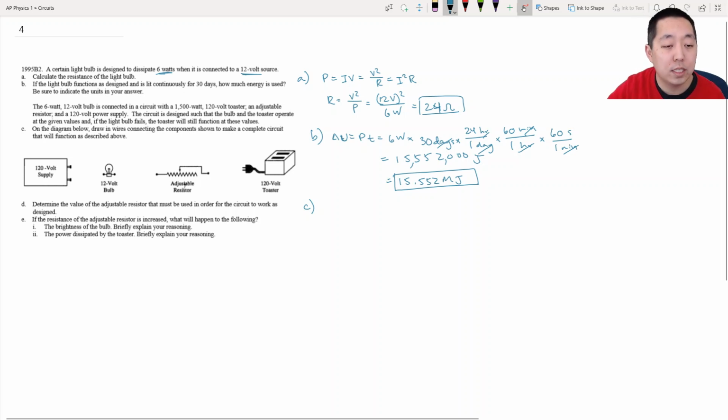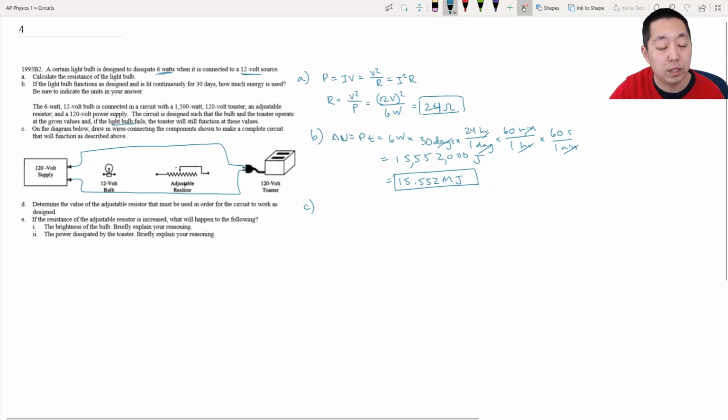Well, the key part is that if the light bulb fails, the toaster will still function. So you want to put them in parallel. I want the 120 volts to definitely go into the toaster, because I want this to work regardless.